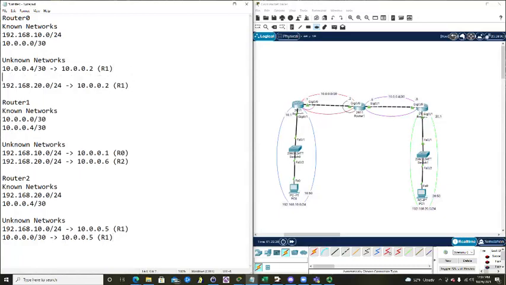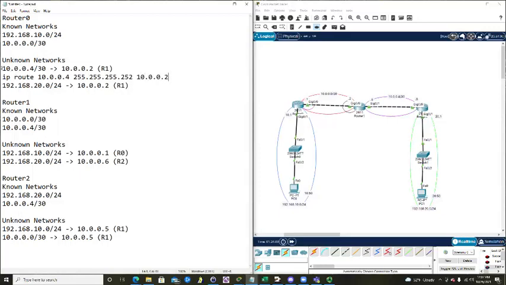To give an example, if I wanted to write the actual rule that's right above here, I would say IP route 10.0.0.4. I'm telling it that that network exists. Then the mask, which is telling it how big that network actually is. And then I'm stating how to get there, which is what we just specified right there, which is at 10.0.0.2.